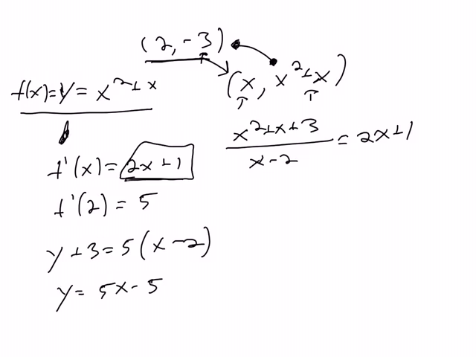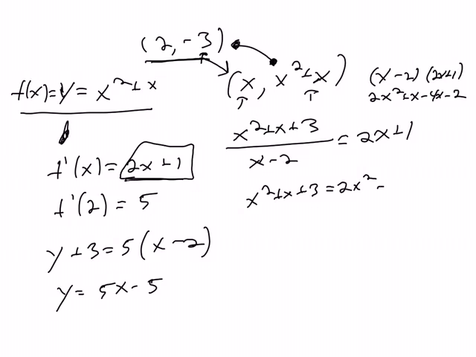So what we get is x squared plus x plus 3 is equal to x minus 2 times 2x plus 1, which is equal to 2x squared plus x minus 4x minus 2. So this is equal to 2x squared minus 3x minus 2.